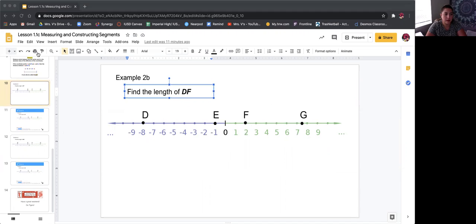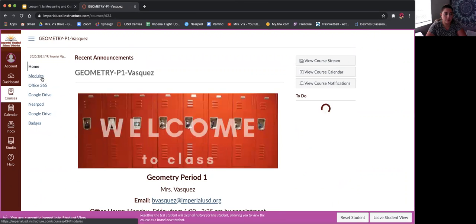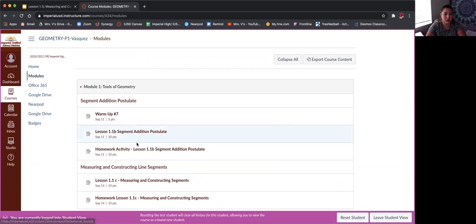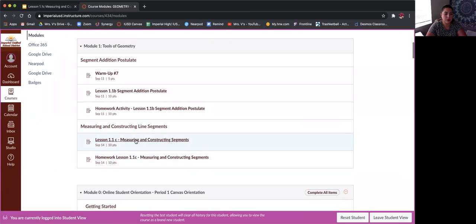However, let me go ahead and make that arrangement for you. So this is what you should see. You have your modules. Go to modules. You will see your new lesson, which is 1.1c.